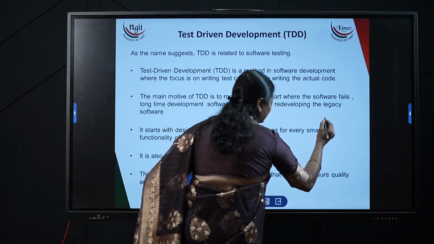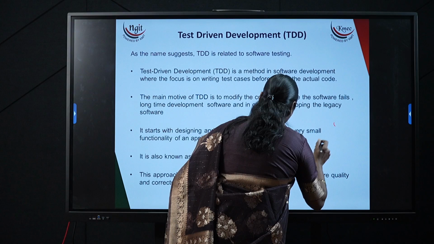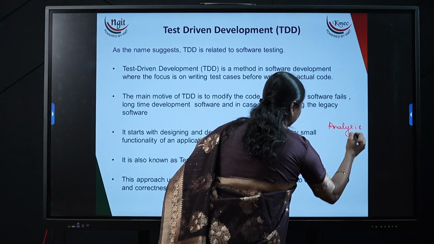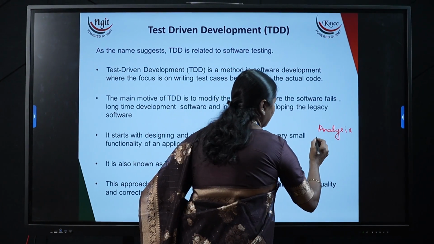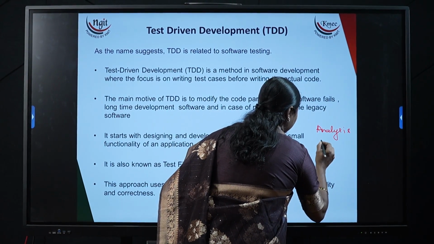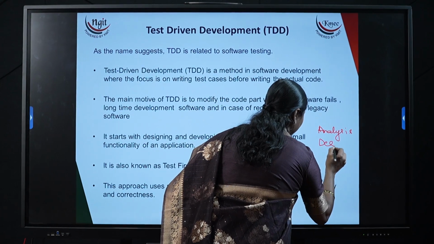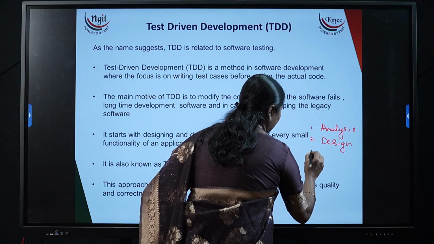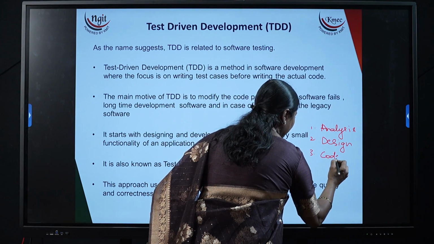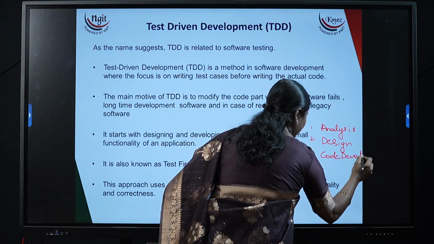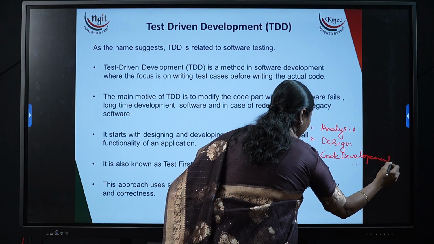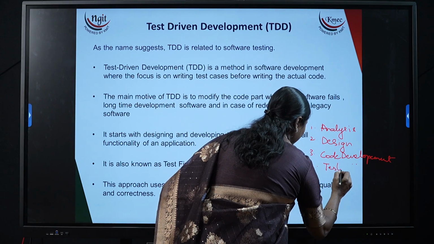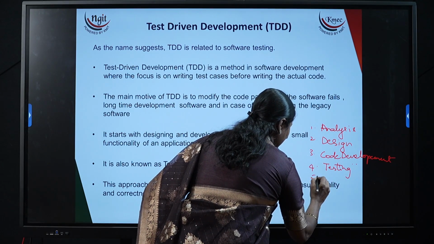As we know, the first stage is analysis, the second stage is design, the third stage is code development, the fourth stage is testing, and the fifth stage is deployment.